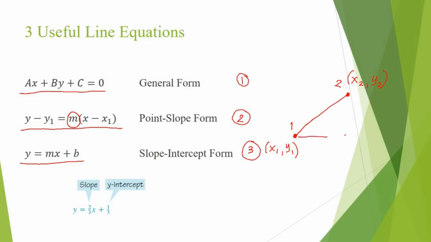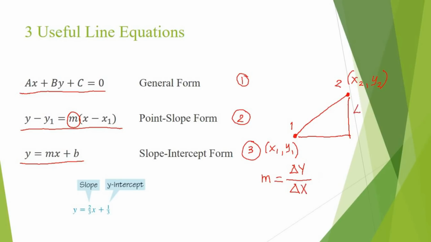Now the slope of this line, m, is equal to the difference in the distances y all over the difference of the distances x.